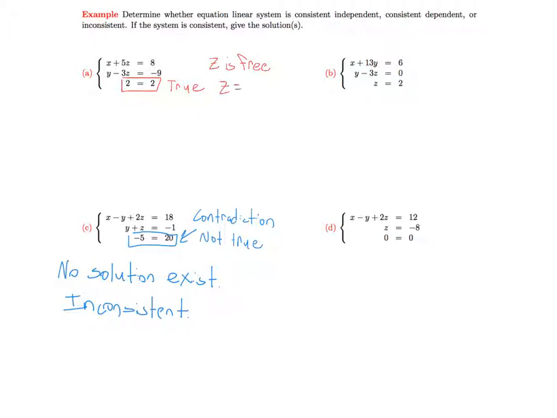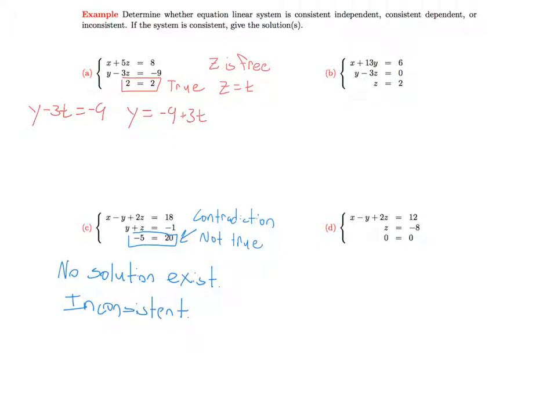So we say in this case that z is free in system A, and therefore we can parameterize it with t. So plugging this into the second equation would give us that y minus 3t is equal to minus 9. I'm just plugging in t in place of z in equation 2. So that tells me that once I choose a value for z, that's going to determine what value I should choose for y.